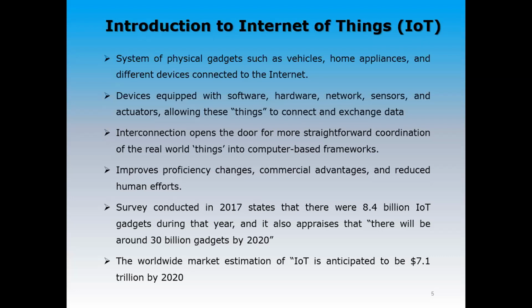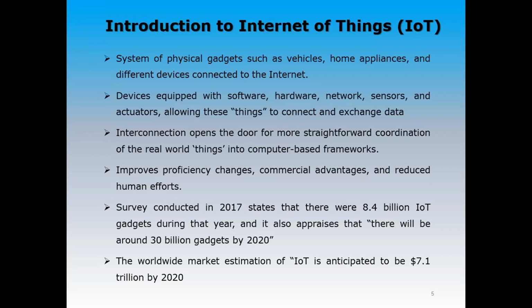A survey in 2017 states 8.4 billion IoT gadgets. Not 80 devices, 8.4 billion. You can think of the number of objects going to be connected to IoT, because the country is also talking about Digital India and smart cities.